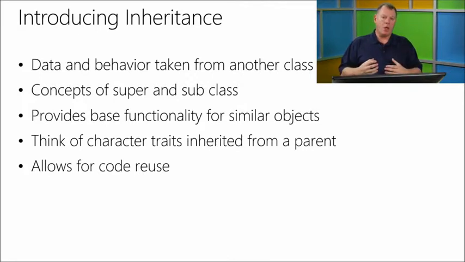It's the one that collects those values from the parent class. By supporting inheritance, it allows you to create a common base class that has functionality that would be common across a bunch of different subclasses and allows for code reuse. So you would create this basic functionality.